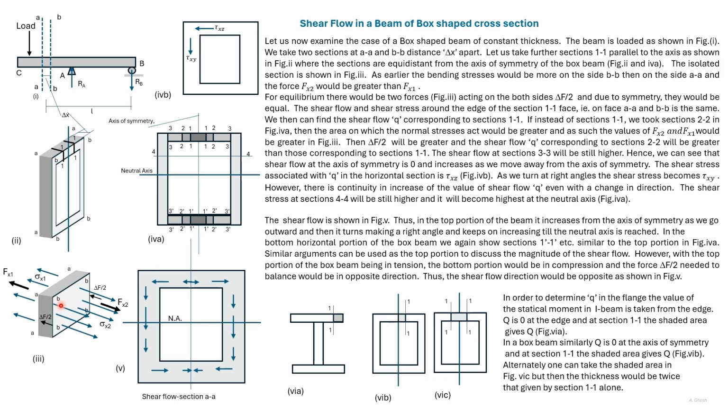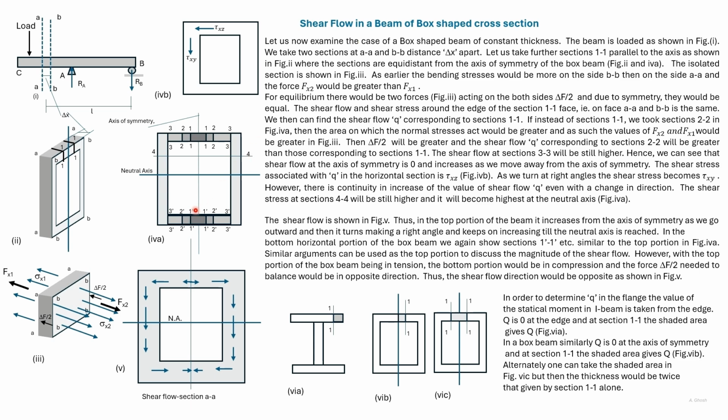Then this area will be still larger, and these two forces will be higher compared to what we got for section 2-2. So the shear stress and the corresponding shear flow will increase. If we consider a section 4-4, then the shear flow will be still higher. In fact, the shear flow keeps on increasing from this axis of symmetry to the neutral axis. This is for this side.